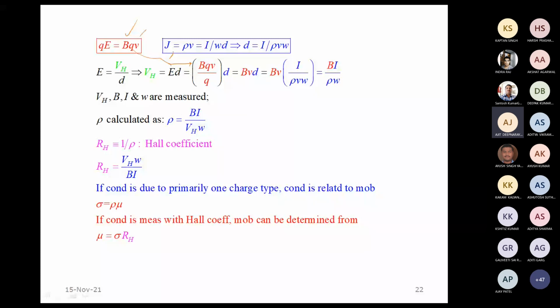The current density, on the other hand, we can write from the previous electric transport phenomena as equal to rho v. v is the drift velocity and is equal to mu times E. That can also be written as current per unit cross sectional area.